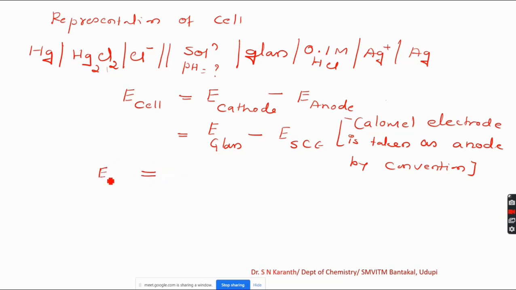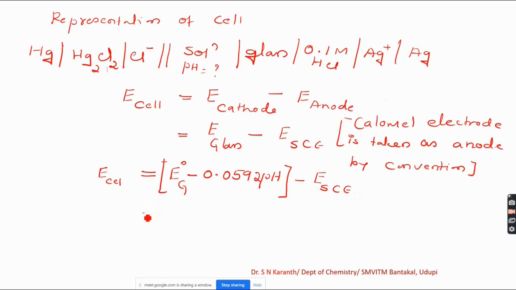E cell is now equal to E naught G minus 0.0592, or in some books 0.0591, pH, minus E standard calomel electrode.